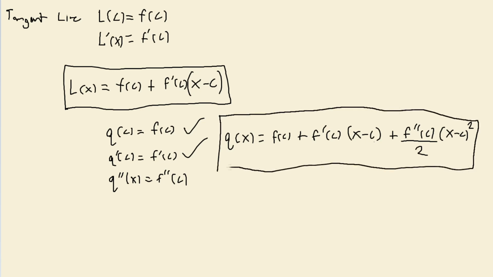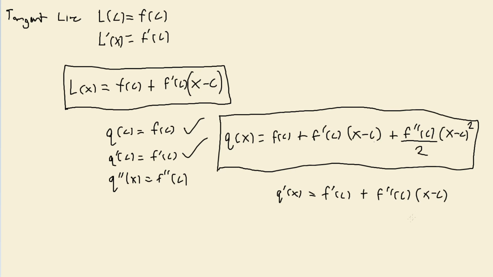And notice here, the first derivative is only equal at the point x equals c, because now this is a function where the first derivative is subject to change. If you take the first derivative here, q prime of x is going to equal f prime of c plus f double prime of c multiplied by x minus c.